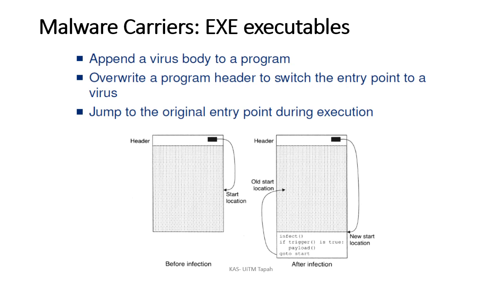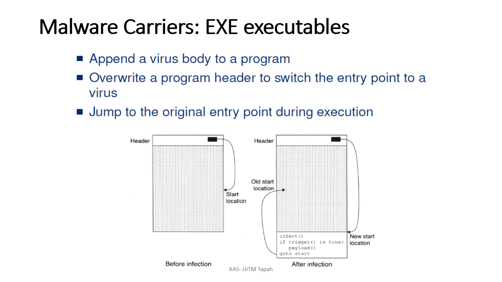Okay, that was an example in a COM file. If it is an executable file, it is even easier. The virus body is added to the program, and it overrides the program header. So this is your program header. It switches the entry point to the virus.